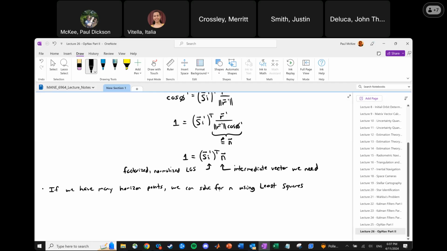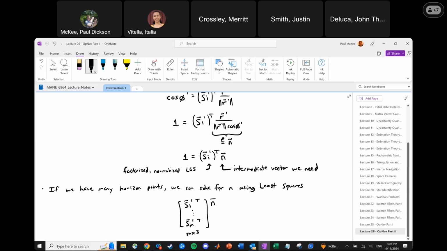So let's say we built a matrix which looks like this: S1 prime transpose all the way down to SM prime transpose. So what's this going to be? It's going to be M by 3. It's going to be 3 wide and then M long.